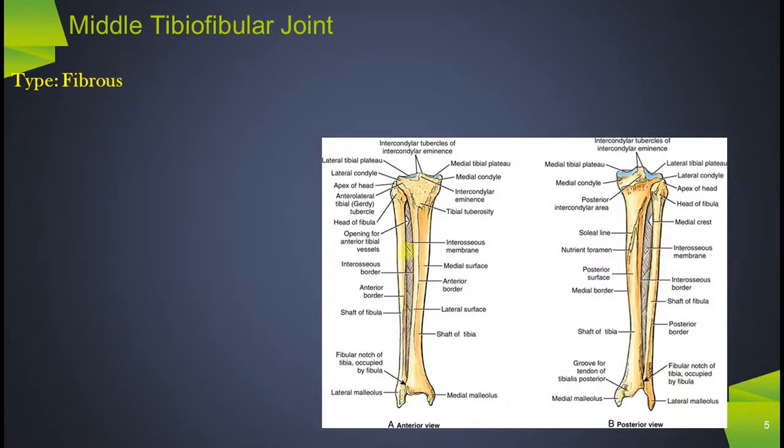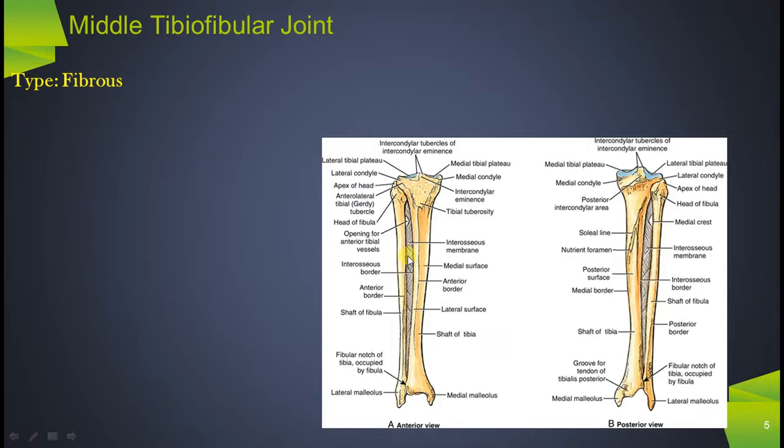The next type of joint is the middle tibiofibular joint, same as the middle radioulnar joint. The middle tibiofibular joint is nothing but the interosseous membrane holding these two bones together.